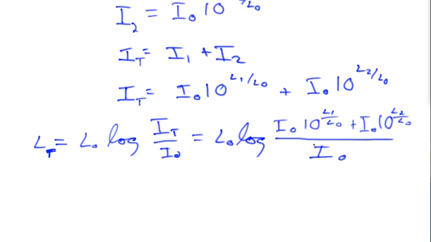Alright, it's pretty clear that the I0's cancel. I've got the log of a sum, and that's not something that we can simplify, so let's go ahead and evaluate.